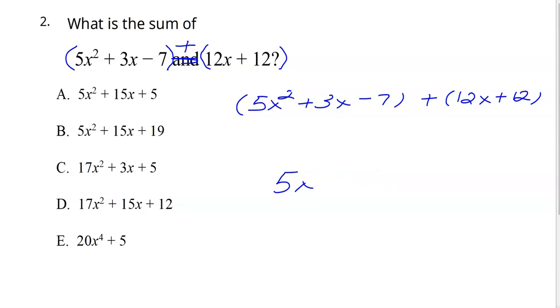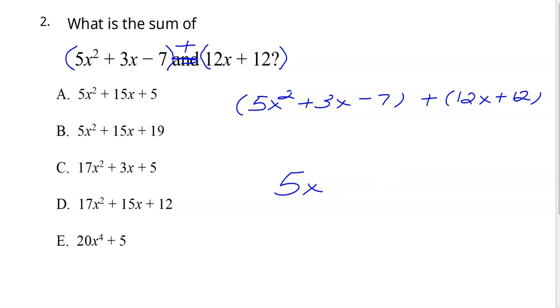Let's say you had something like 5x plus 2. You can't add these and say 7x because this is a constant term. It has no letter or variable next to it. So you can't add these two together. You could add them if they both had an x next to it like this. Then it would be 7x. So keep that in mind when we're adding these.